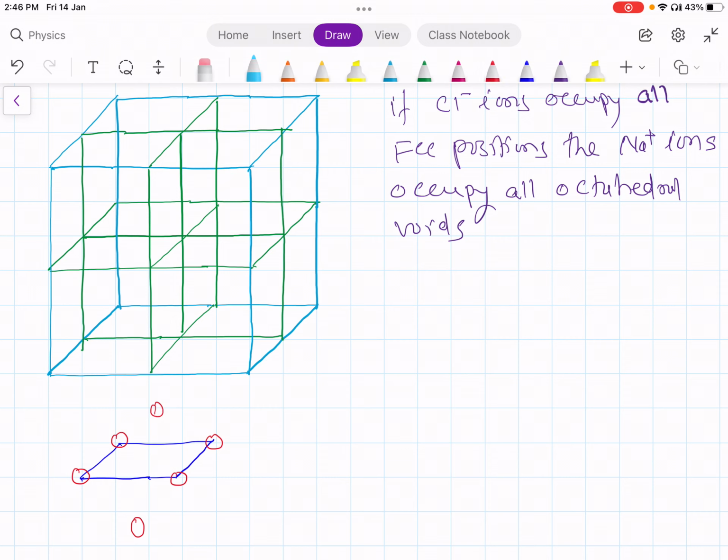When we join these, 4 faces are formed in the plane below it, and similarly 4 faces are formed on top of this.